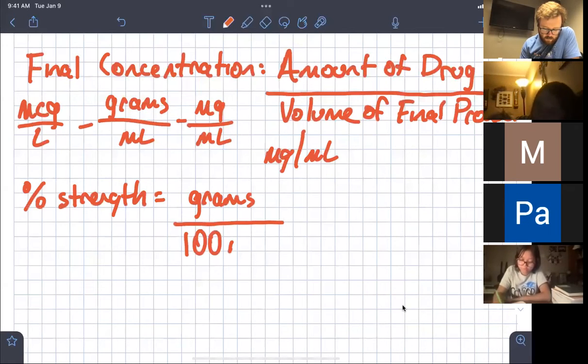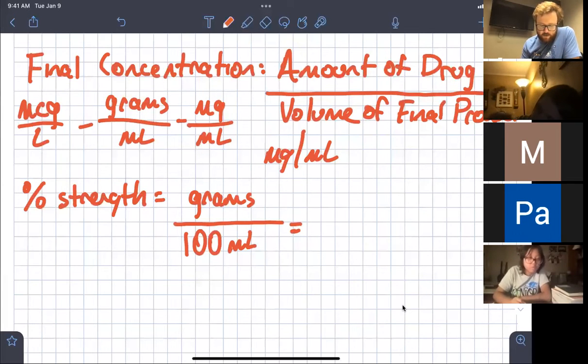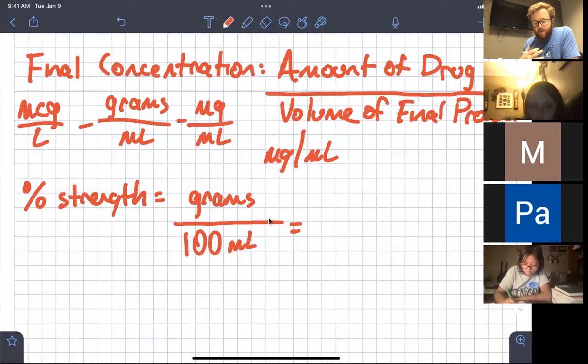Grams per 100. Right, grams and 100 mils every single time. So does that sound a lot like final concentration? Right, because if you're solving for a percent strength, it means you have diluted it. You're already doing a dilution, so they are related.